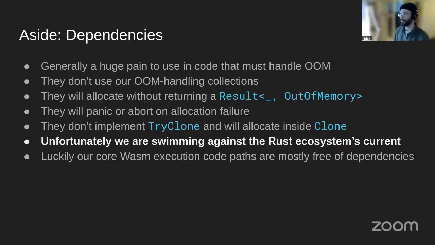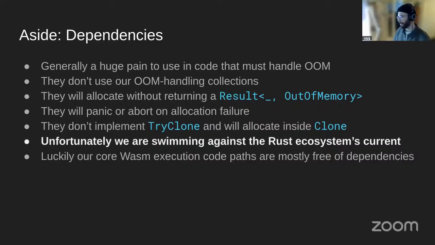They implement regular clone, and they will allocate inside regular clone. And so, unfortunately, we're really swimming against the Rust ecosystem's current here. I mean, you can see because we're implementing our own try version of all the really base level traits, we're really forking off from the ecosystem at the very standard library level.